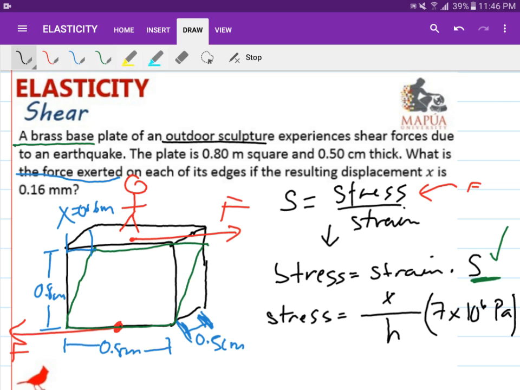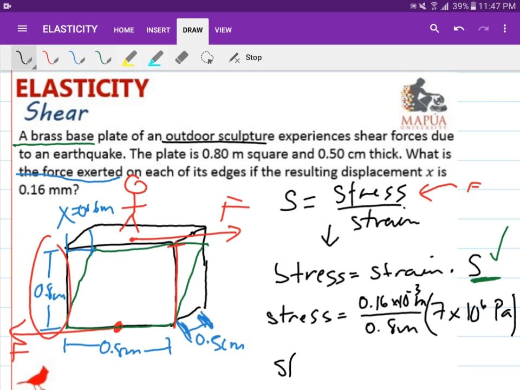So x is 0.16 millimeters, so times 10 to the minus 3 meters. And h is, if you would recall, the original height. Since this is a square, its original height is 0.8 meters.